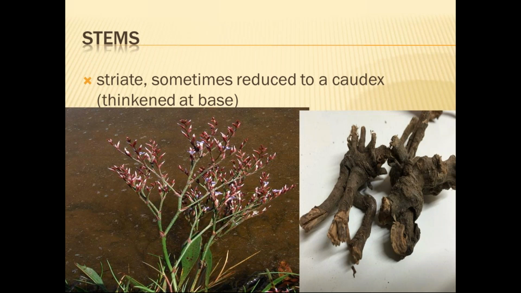That is caudex, the thickened base developed after some time in this particular family, that is Plumbago. It looks like this. The stem is straight because it is a herb plant, but thickened at the base because they are perennial in nature. Therefore, they have a swollen or thickened base.